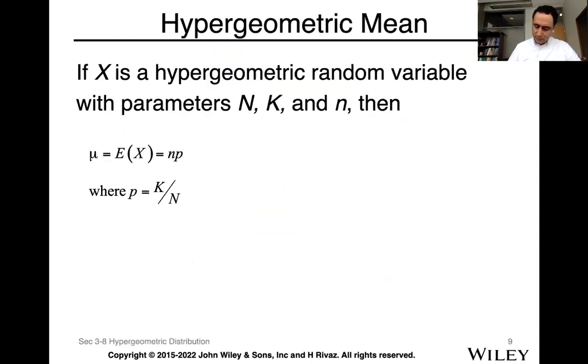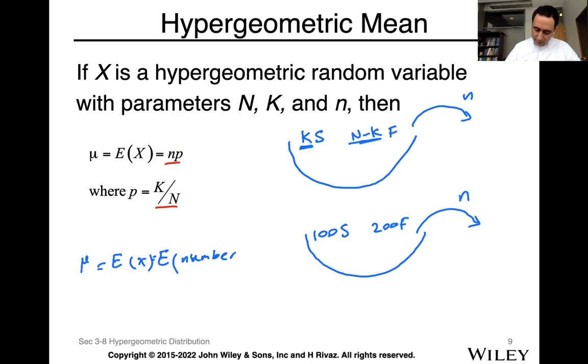I think we called them set A and B, right? So here S is set A and F is set B, right? The number of A parts. So the expected value of the number of A parts is going to be NP, where P is K divided by N.